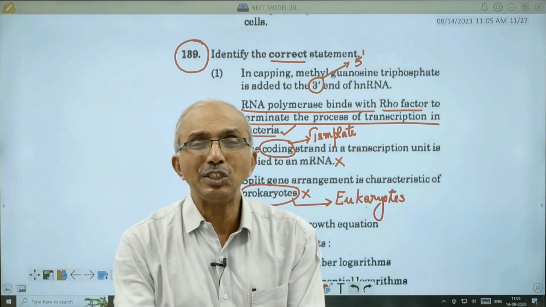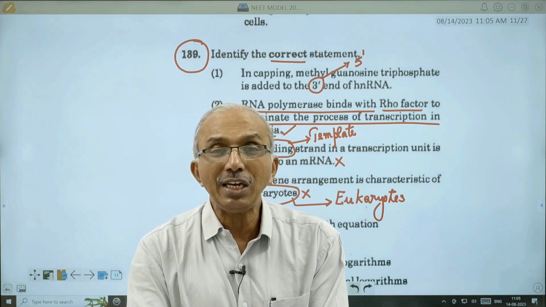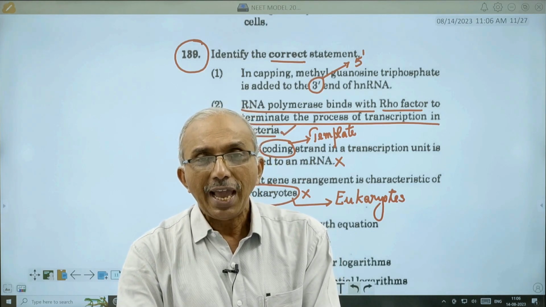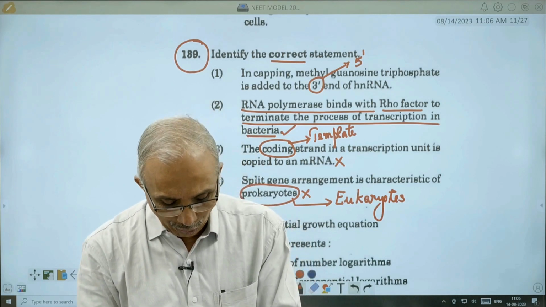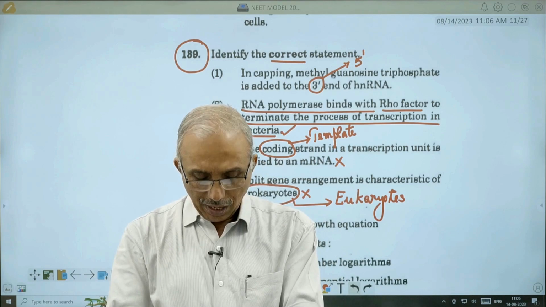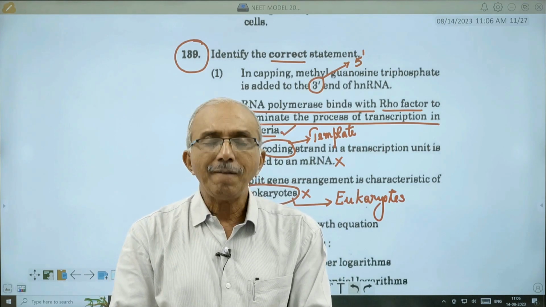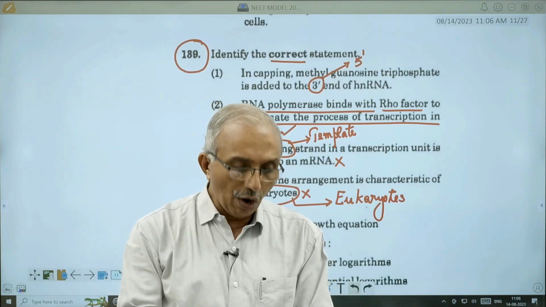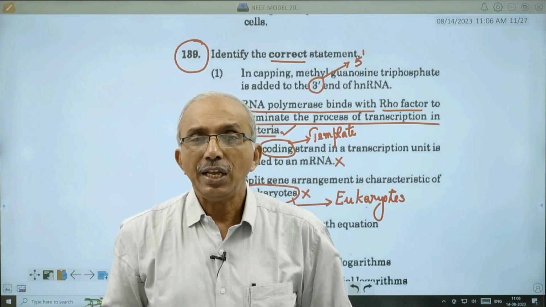A split gene is a gene which consists of exons and introns.